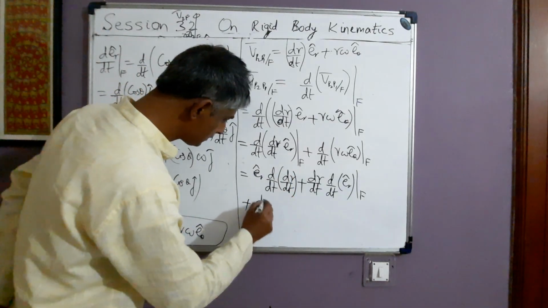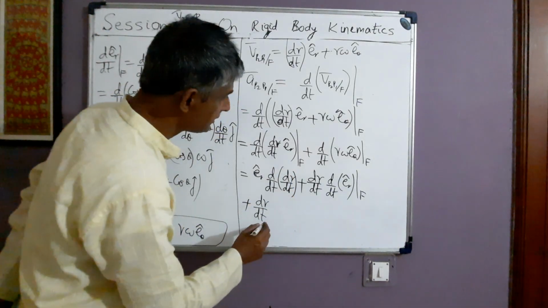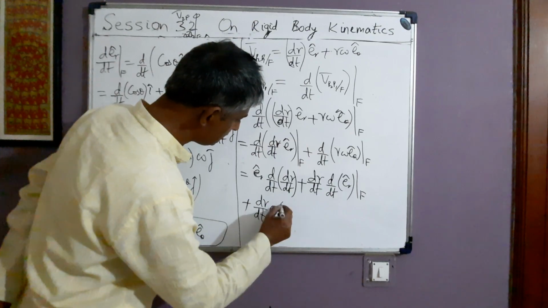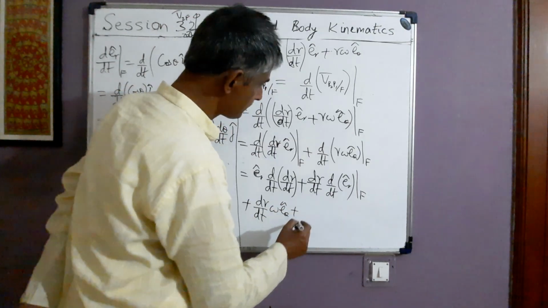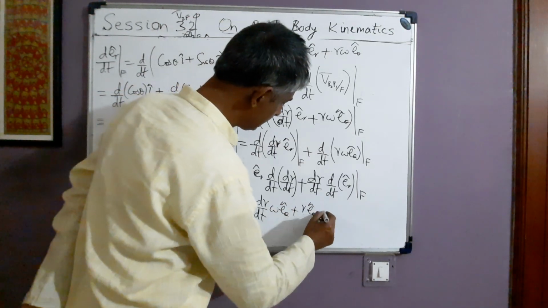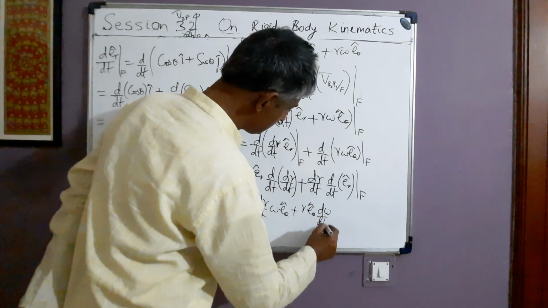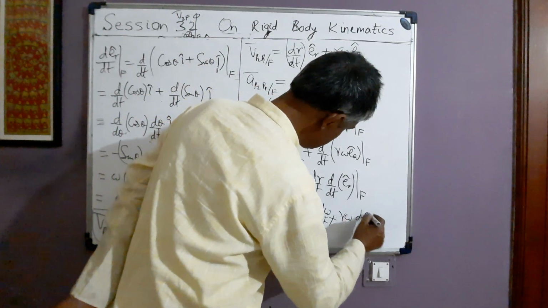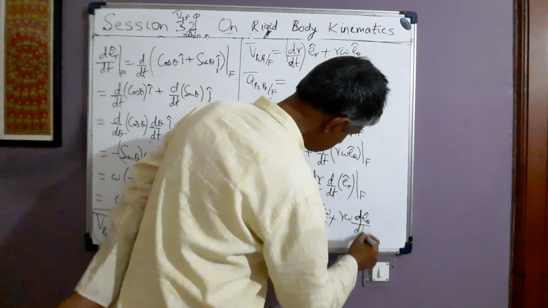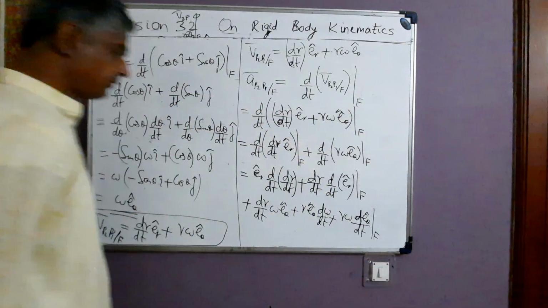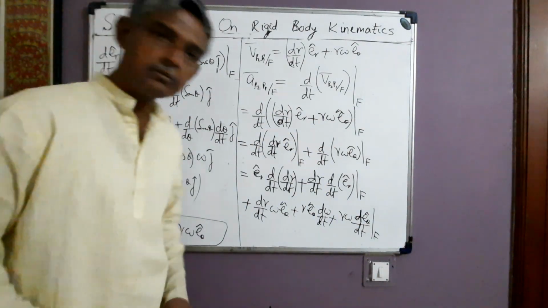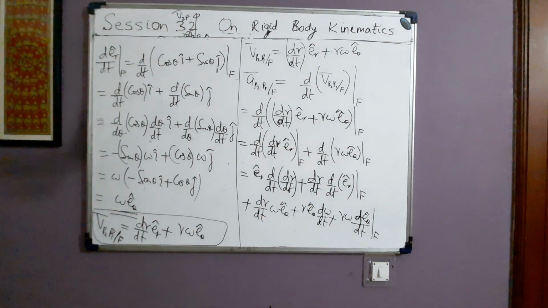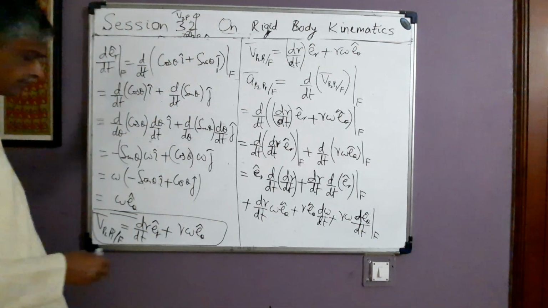So this becomes dr/dt into omega into e_theta hat plus r e_theta hat d omega/dt plus r omega d e_theta hat/dt in frame F. Okay, fine.